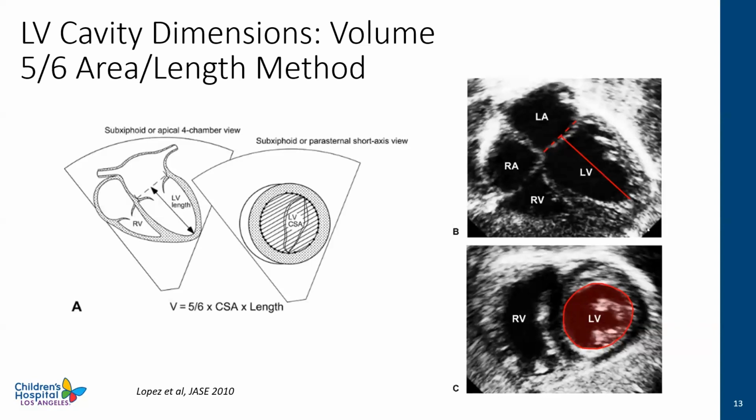Another less commonly used method for measuring LV volume is going to be the area length method, but this might be simpler. So if perhaps you're short on time and you can't do all of the measurements of the Simpson, you can do the cross-sectional area of the LV and multiply that by length and 5/6.